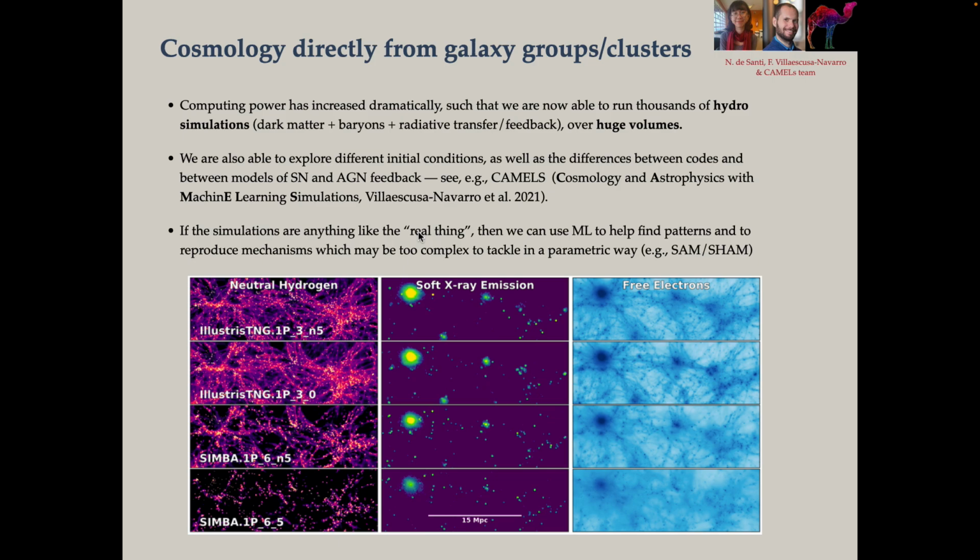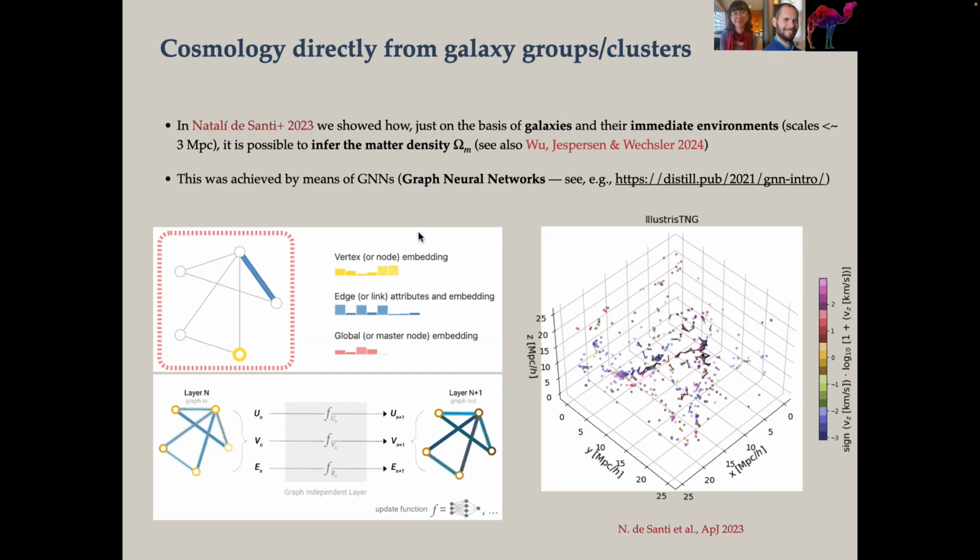So we can use a suite, many boxes with these hydro simulations, to train a machine learning algorithm to find the patterns and to reproduce these mechanisms that go into the formation of the galaxies in these environments.